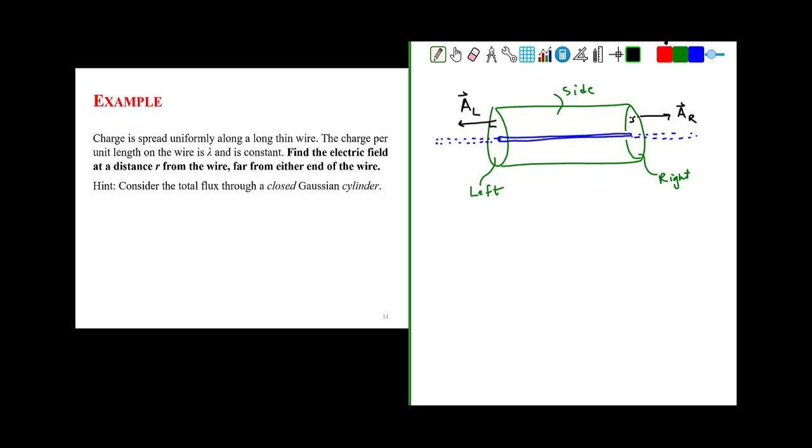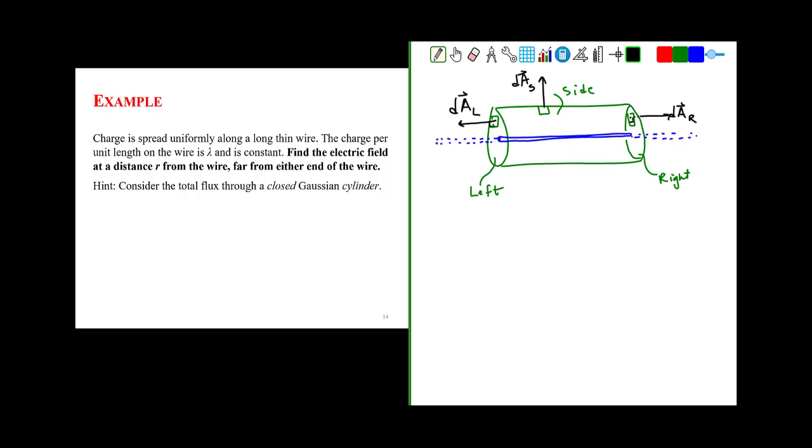And technically their area differentials is what we should be looking at, because we're looking at very tiny pieces of area for our integration. And then for the side, the area differential, I'll just call this dA_S, S for side.